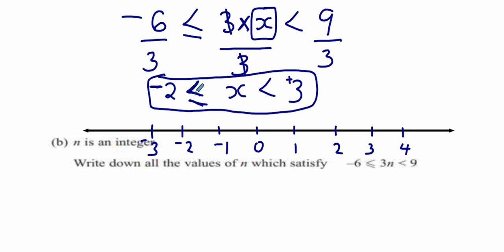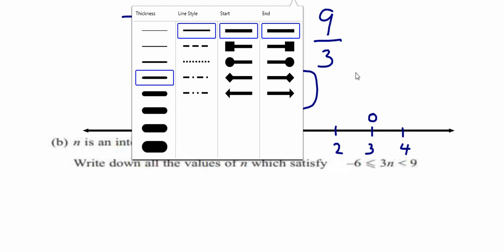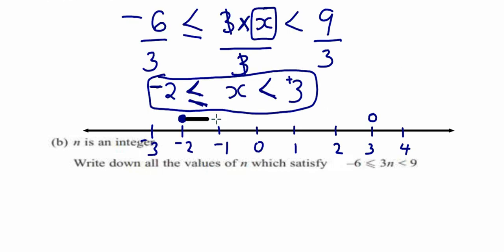So we are going to have a closed circle here, just above negative 2. Closed circle. And we are going to have an open circle somewhere here. Take a ruler and join all this. Can you see that? That is the number line for this solution.